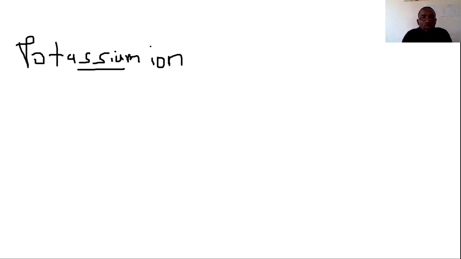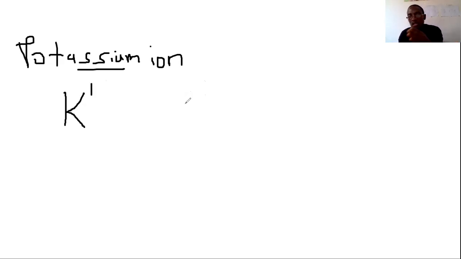Therefore, according to the rules, we have to write the atomic symbol for potassium, which is capital K. Then, what is the valence number of potassium? When you go on the periodic table, you find that the valence number for potassium is 1. Then you ask yourself, is potassium on the metal side or the non-metal side?